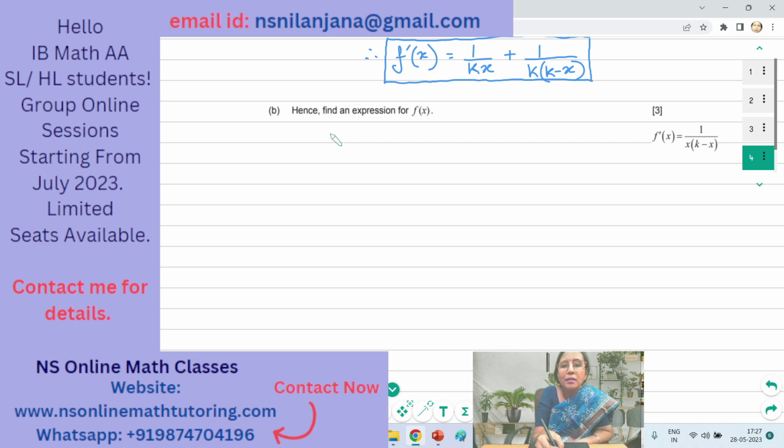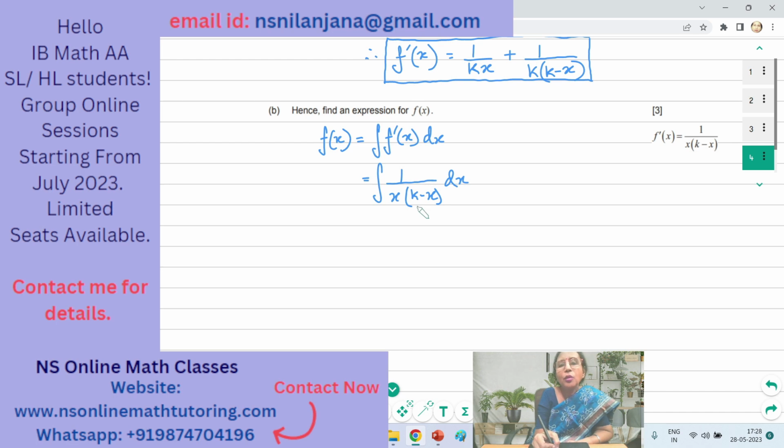So let us write that. f of x will be equal to the integration of f dash x with respect to x. So this is 1 over x times k minus x dx. Okay.